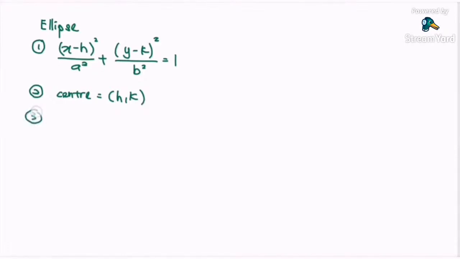Step number 3 is to identify the value of a, then b, followed by the formula where we have c equals the square root of a squared minus b squared, or c equals the square root of b squared minus a squared.